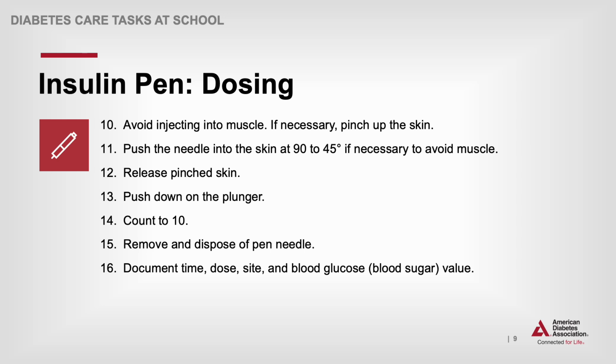Number 13, push down on the plunger at the base or bottom of the pen. Number 14, count to 10 when using insulin pens. Number 15, remove and dispose of pen needle. Number 16, document time, dose, site, and blood glucose values.